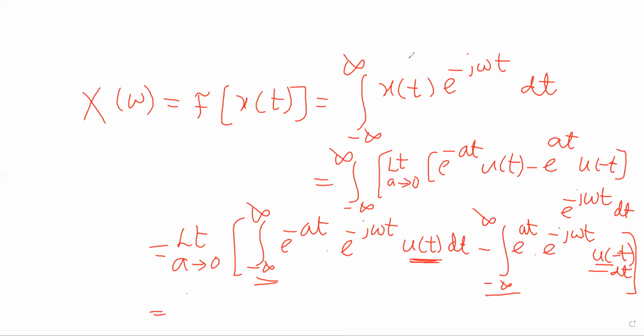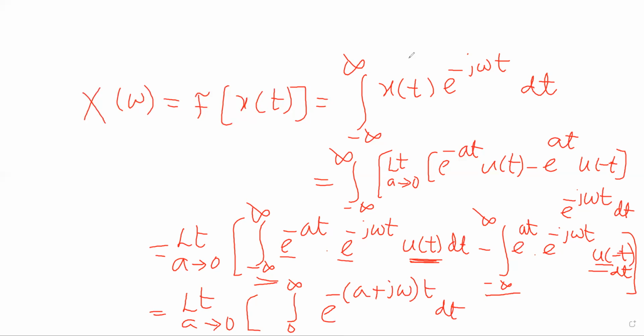Hence we can write limit a tends to 0, the integration from 0 to infinity, adding the powers of the exponentials, e to the power minus (a plus j omega) t dt. Similarly, the second one is minus the integration from minus infinity to 0, where u of minus t is 1, of e to the power (a minus j omega) t dt.